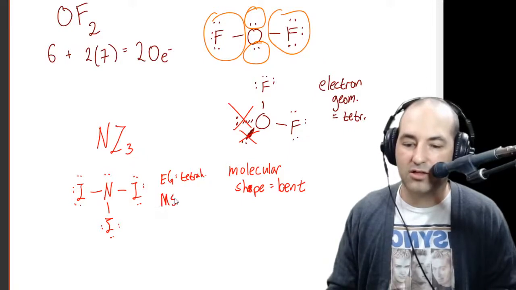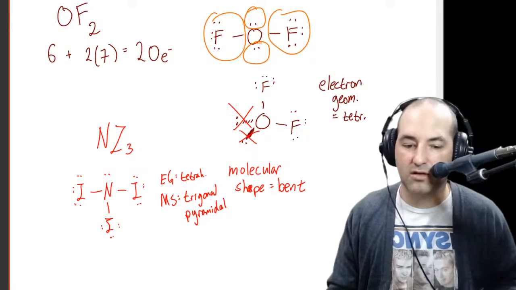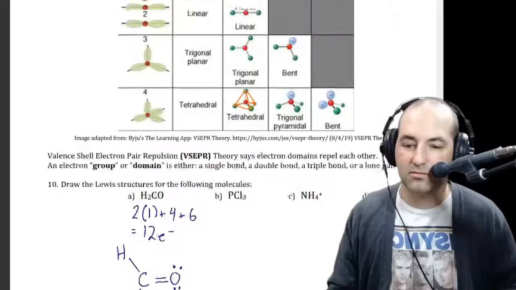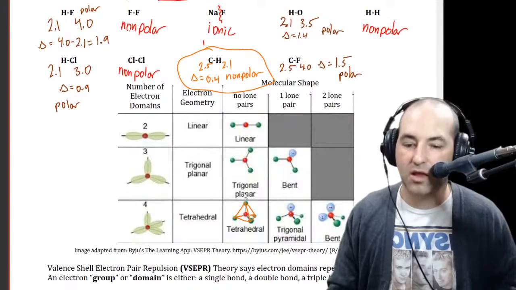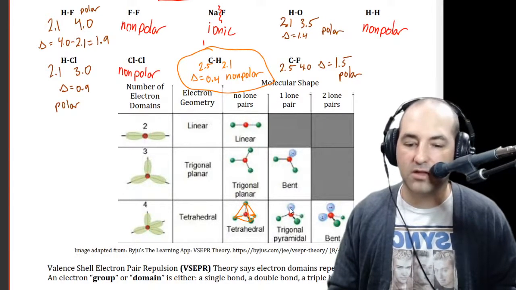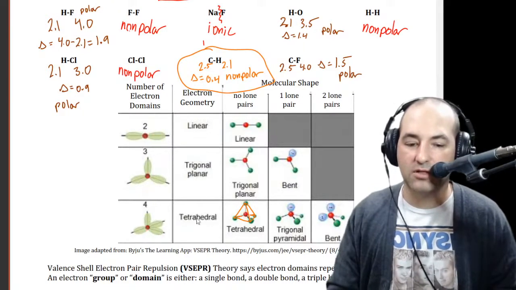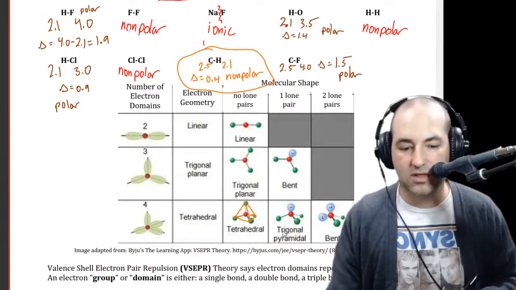But that molecular shape ends up being trigonal pyramidal. So let's go look at our table again. If we have a tetrahedral electron geometry with 1 lone pair, that lone pair takes up one of the spots, and so the resulting shape is called trigonal pyramidal. So electron geometry tetrahedral, molecular shape trigonal pyramidal. Does that help?